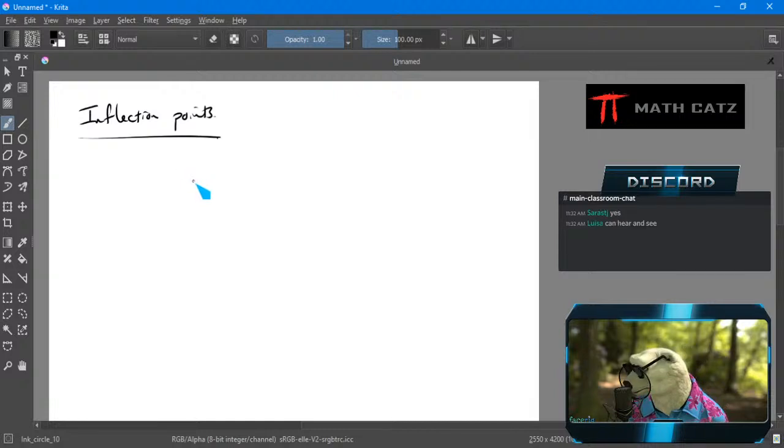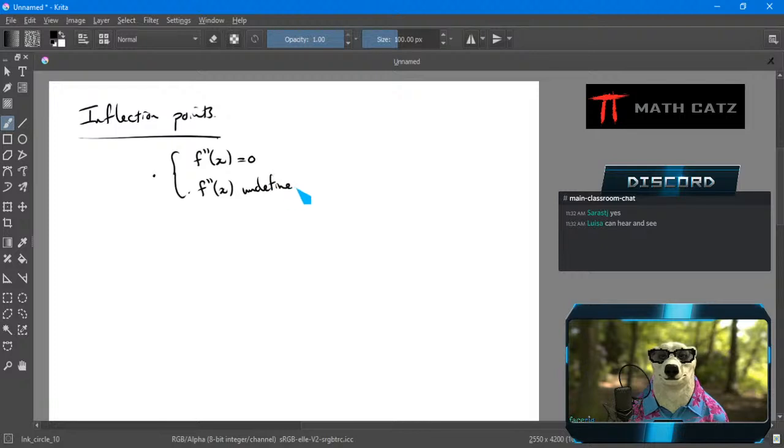It's very similar to critical points in that I need the second derivative to be 0, or the second derivative is undefined. And I need it to be a point, so my function has to be defined at that point.